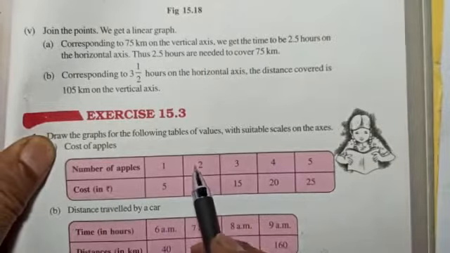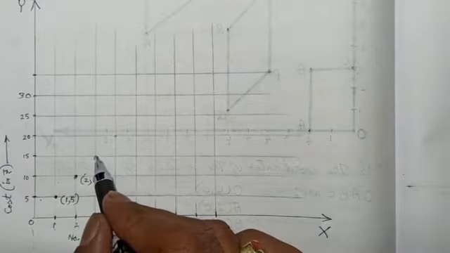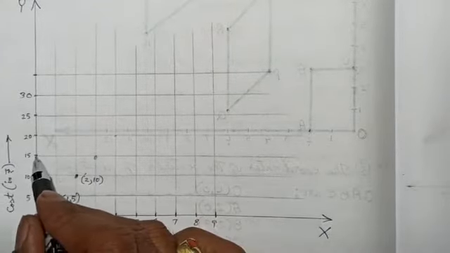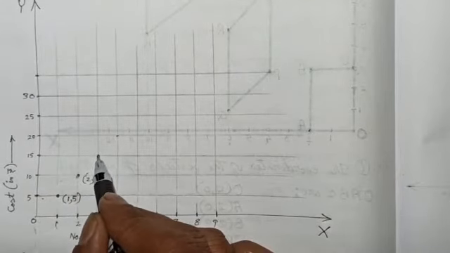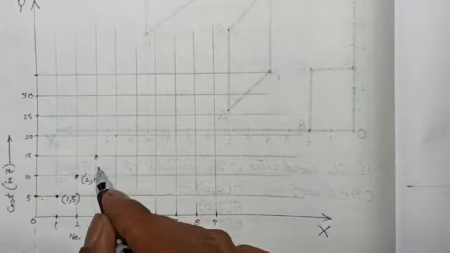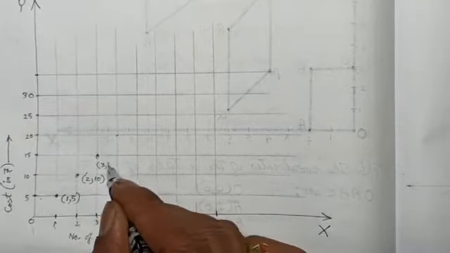And next is number of apples 3 and cost 15, 3, 15. Drawing a perpendicular line here for 3 apples, and another perpendicular line for rupees 15, these two perpendicular lines intersect here. So the coordinate of this point is 3 and 15.